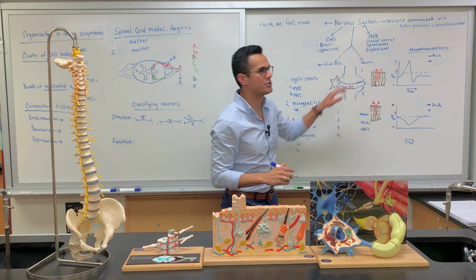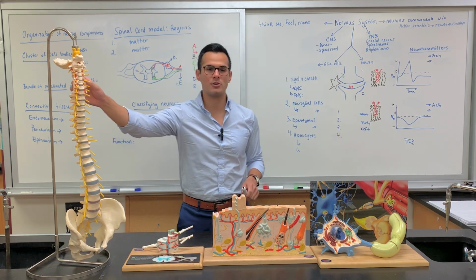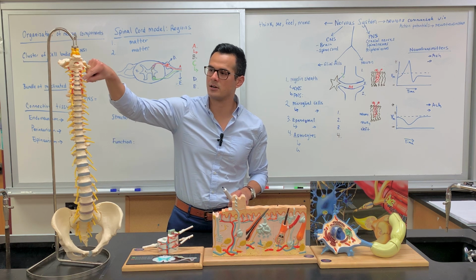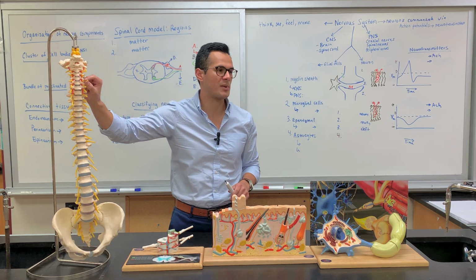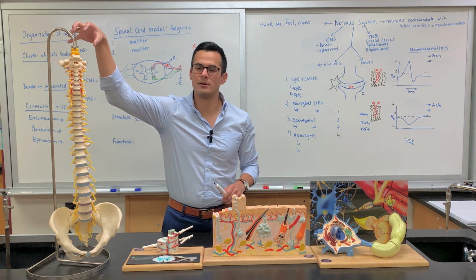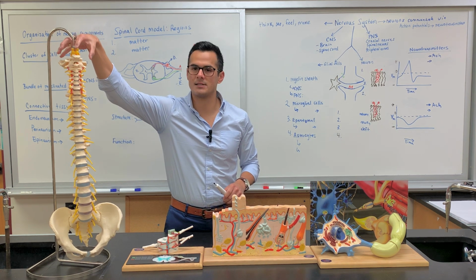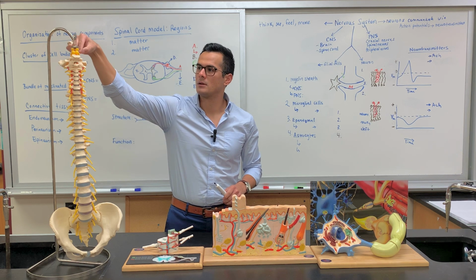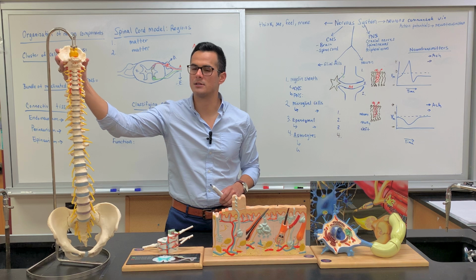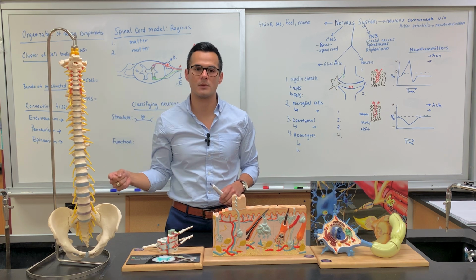Just to show you what spinal nerves are, if you look here, this is our vertebral column, and these nerves that are coming out are what's known as the spinal nerves. This part is cut, and this is the cranial cavity. What's coming down through the vertebral foramen is where the spinal cord is traveling through.